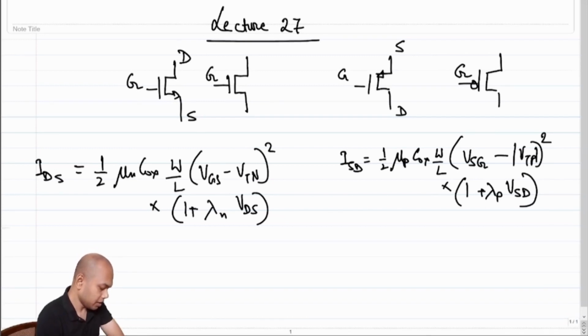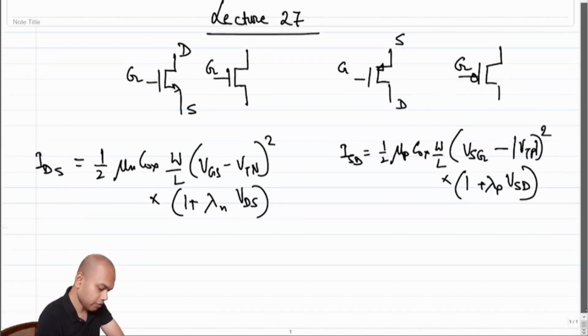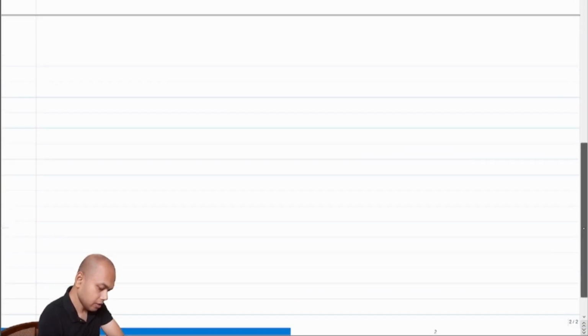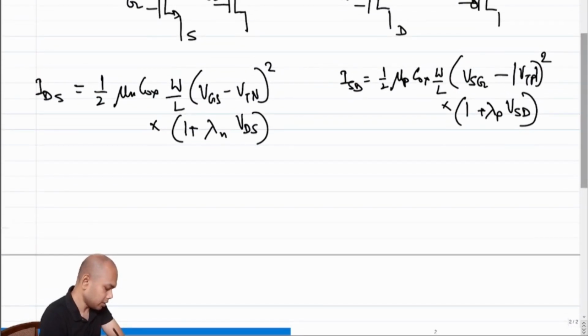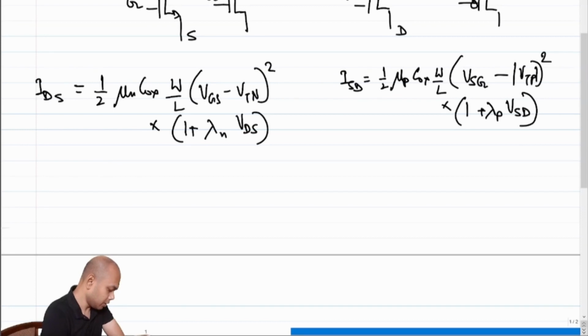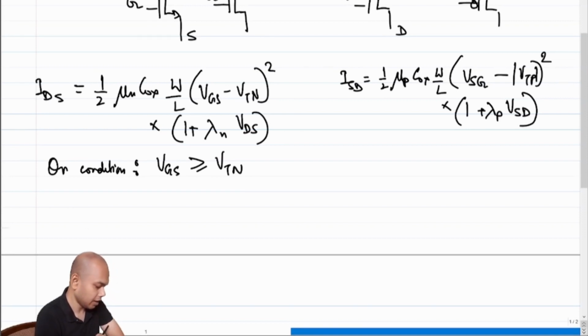Okay, so what is the saturation region condition? Or rather, what is the on condition in case of an NMOS? The on condition for the NMOS is VGS has to be greater than or equal to the threshold voltage, VTN in this case, because we have been expressing it like that.